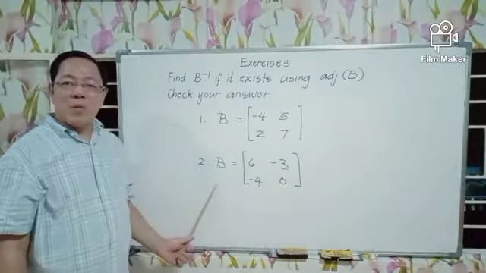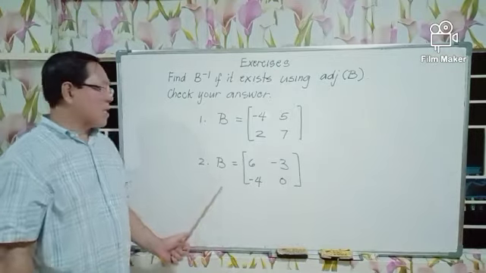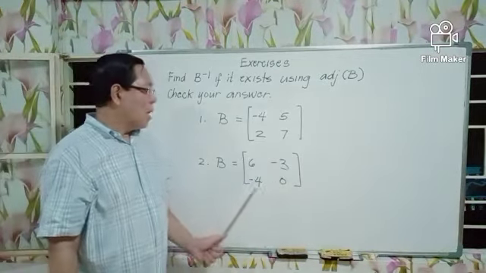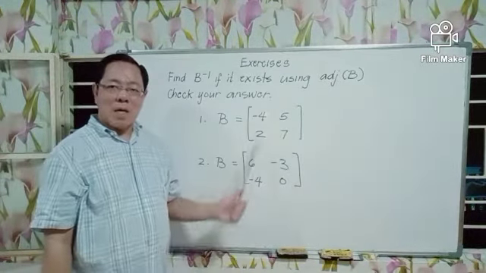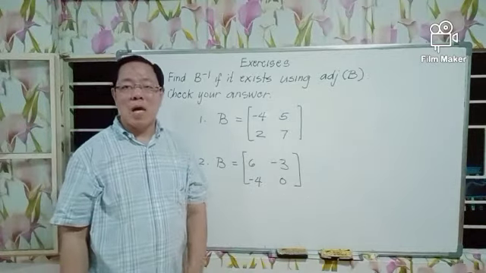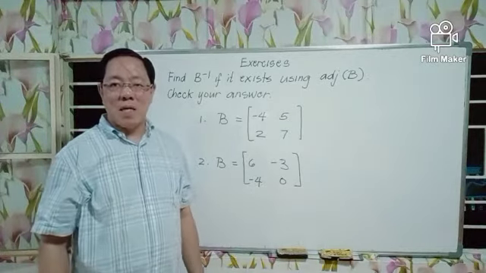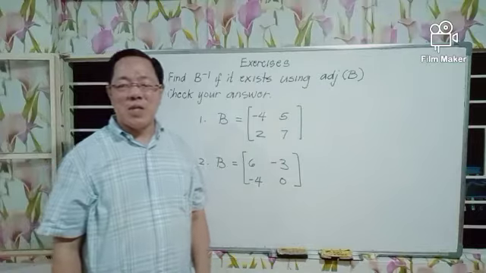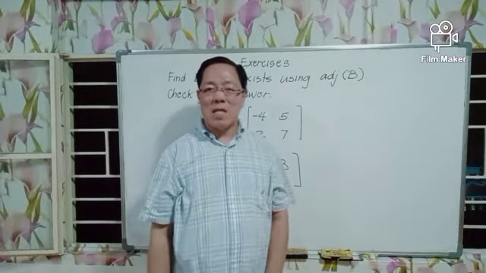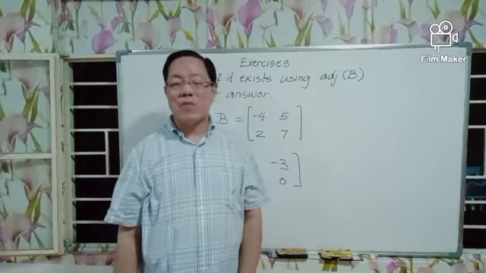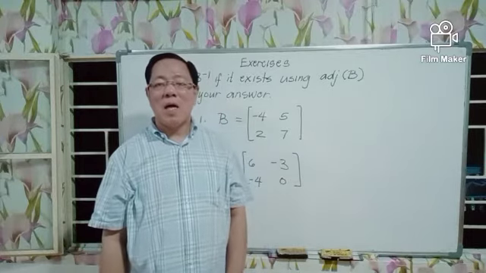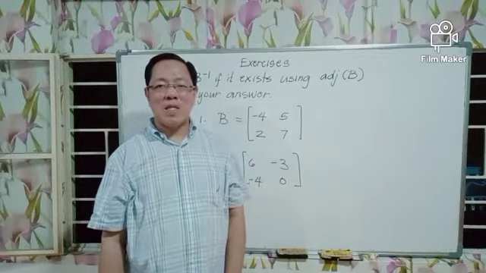In number 2, B is also a 2 by 2 matrix with entries 6, negative 3, negative 4, 0. In each of the following numbers, you first get the determinant of matrix B. And if the determinant of matrix B is not equal to 0, you proceed to find the adjoint of matrix B. And finally, the inverse of matrix B.